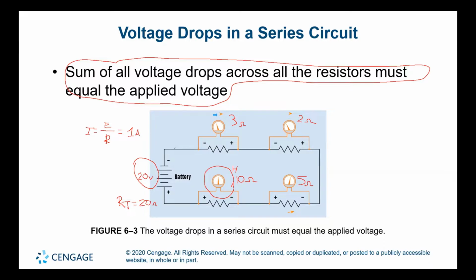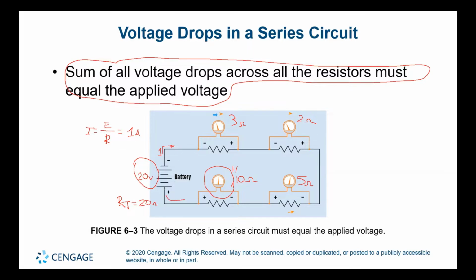Now that we know that we have 1 amp throughout the circuit, we are going to arrive at the third rule. In any given series circuit, current is going to be the same at each individual point. Because if we have 1 amp getting out of here, energy cannot be created nor destroyed.